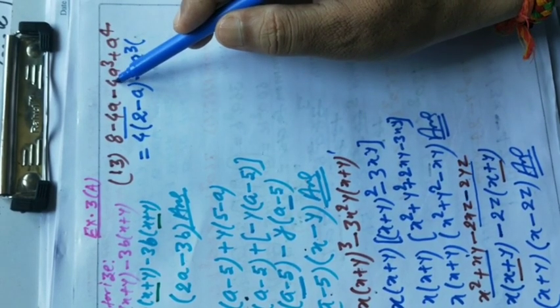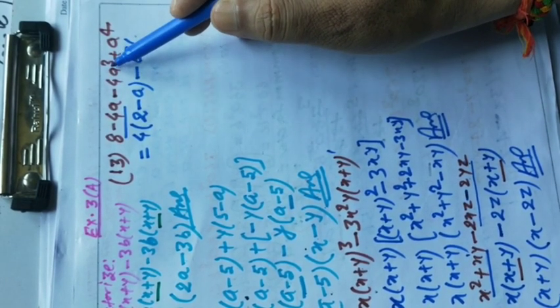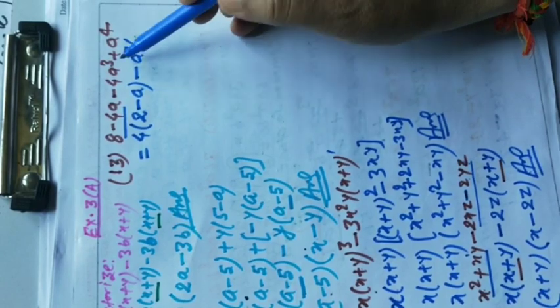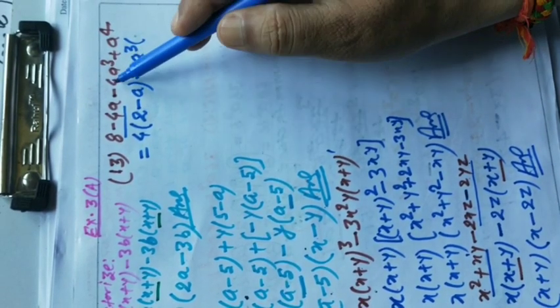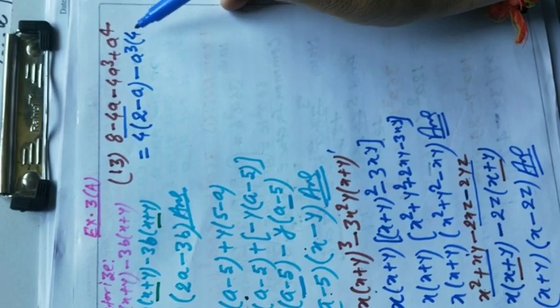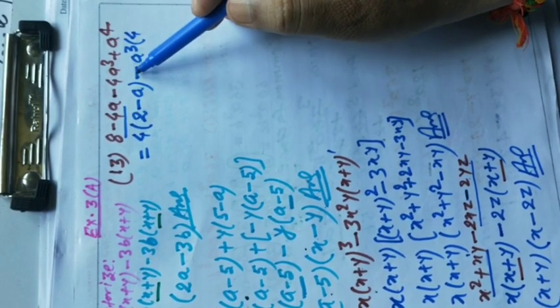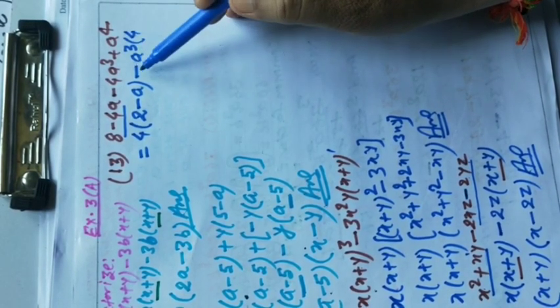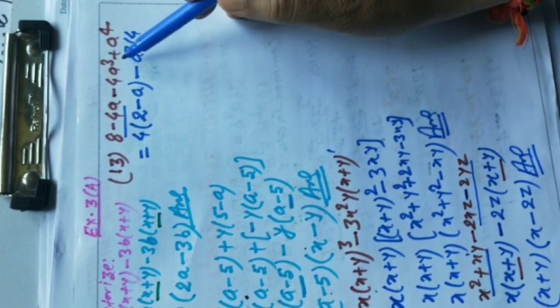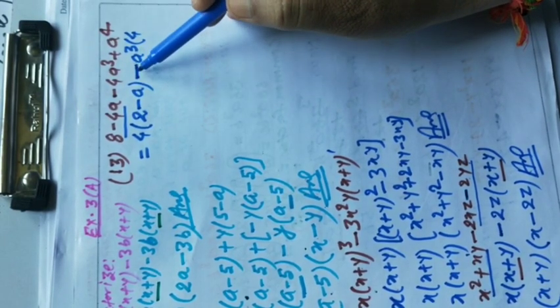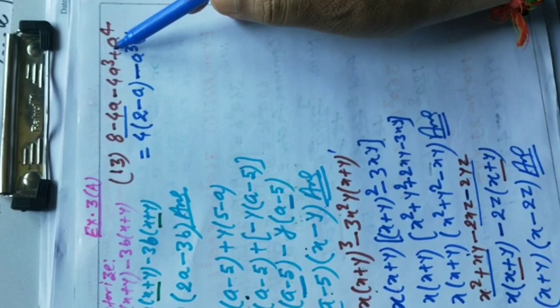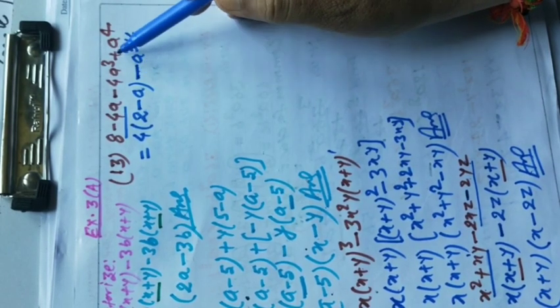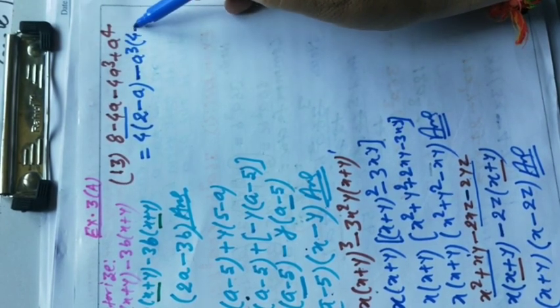Then what will be left here? If we divide this expression 4aq by aq, then aq will be cancelled by aq. Then 4 will be left here. And now multiply the sign. Don't forget to multiply. If minus sign is there, then you have to multiply the sign. Then minus multiplied by plus will be minus.